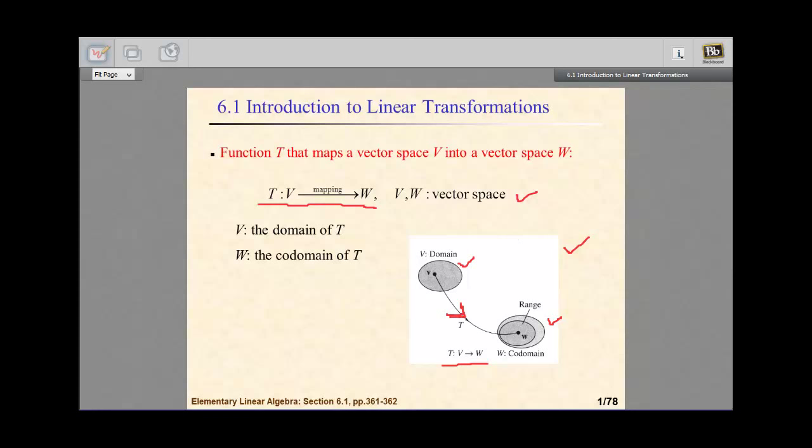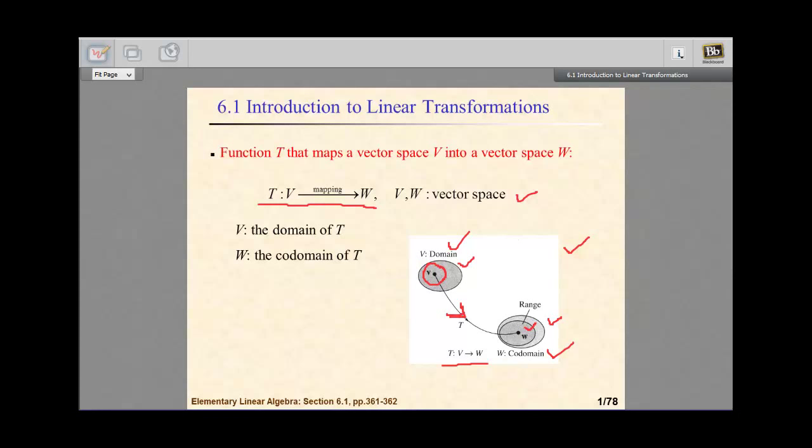So I told you that this is a transformation from V to W. This is called the domain, and this is called the codomain. From domain to codomain, it is called a transformation from V to W. The small sets from V have images in W; these small w are the images in the capital W. This small circle is called the range.